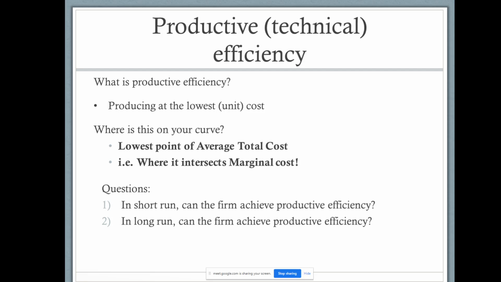So now we know, a firm in perfect competition earning normal profit will get productive efficiency.